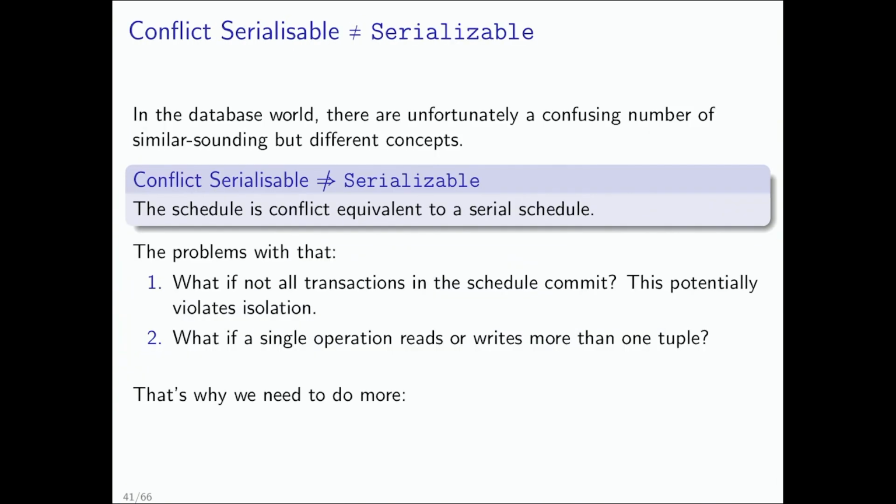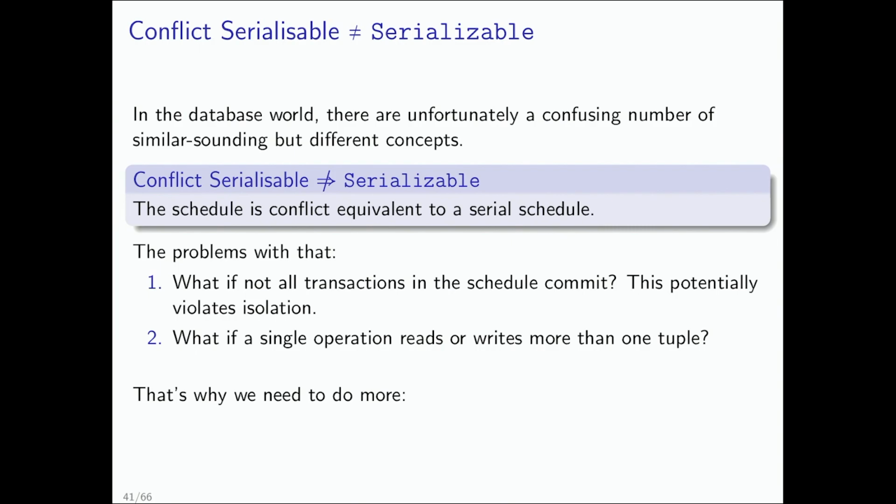I think, let me start with this slide. So try to avoid the confusion of these terms, conflict serializable versus serializable as an isolation level. When we learned about conflict serializable, we basically learned, okay, it's conflict serializable if its execution order is equivalent to one serial schedule.